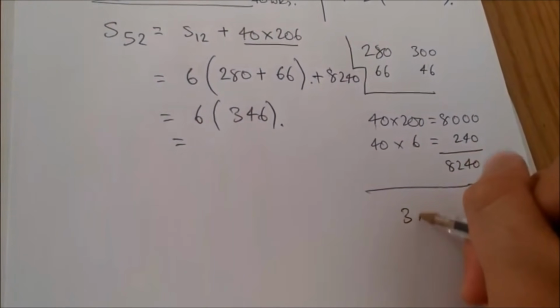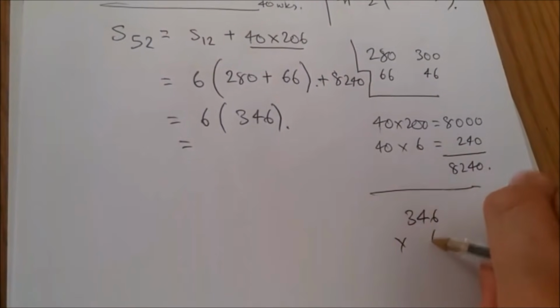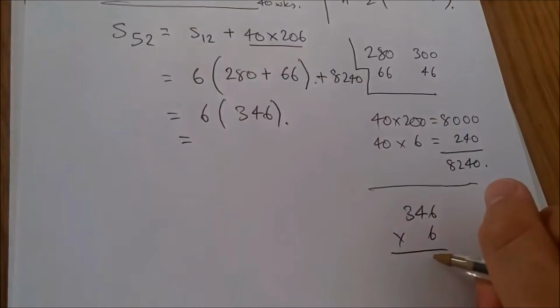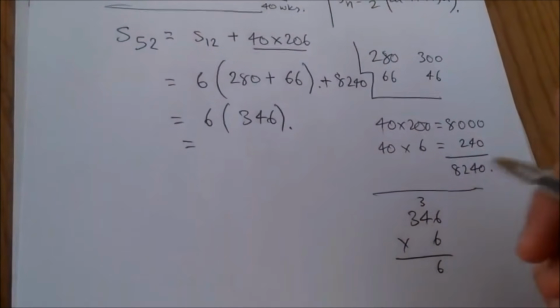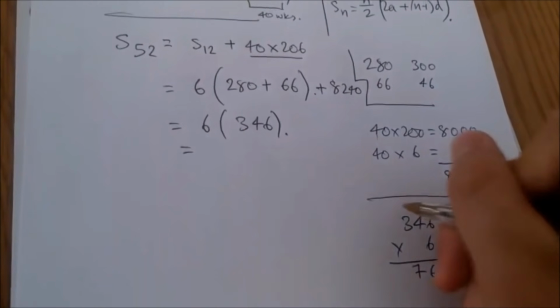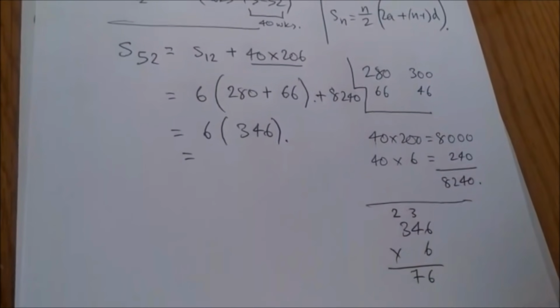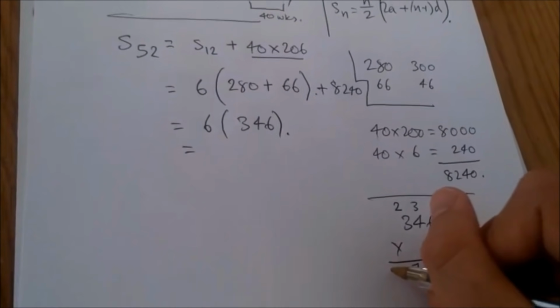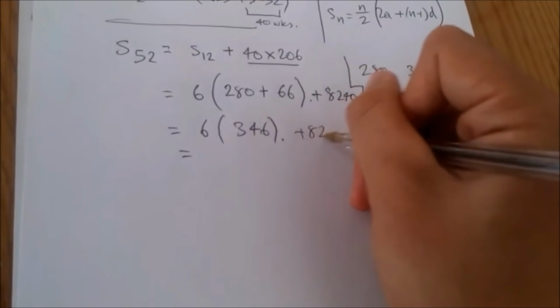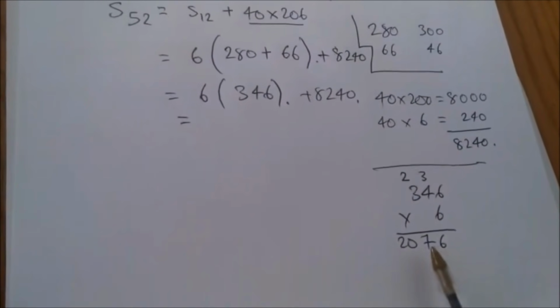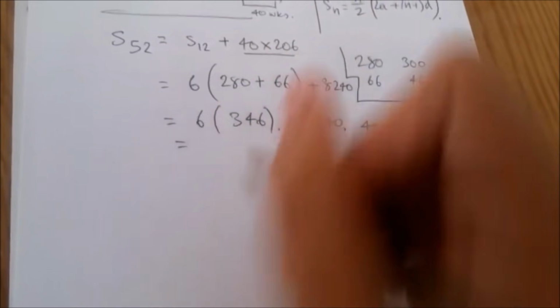You can even do the standard way because this is not so bad to work with. 6 times 6 is 36, so put 3 up there. 4 times 6 is 24, plus 3 is 27. And 3 times 6 is 18, plus 2 is 20. So we should thus get 2076 plus 8240.